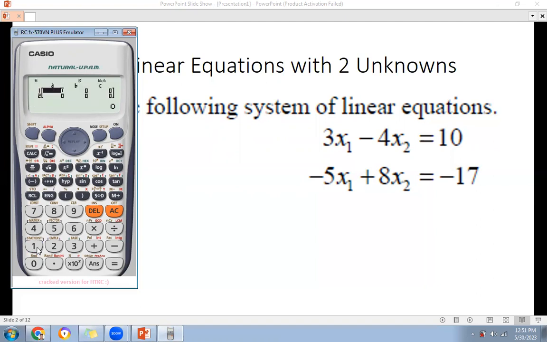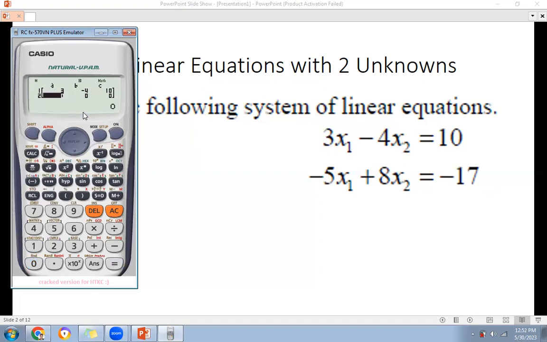So we press 1, and then there will be an augmented matrix for linear equations with two unknowns. We simply get the coefficients and input them into our augmented matrix. That is 3, -4, 10 on the first row.